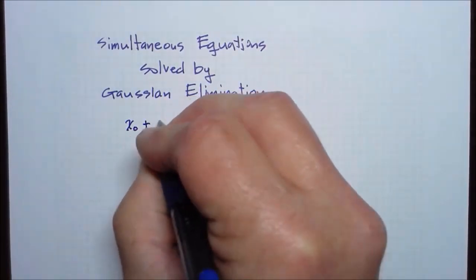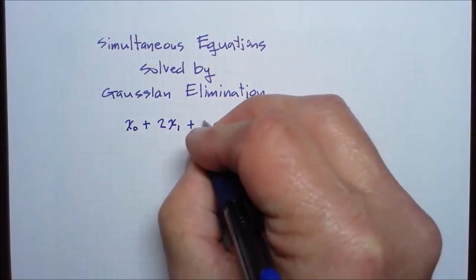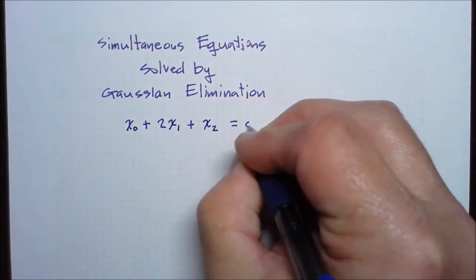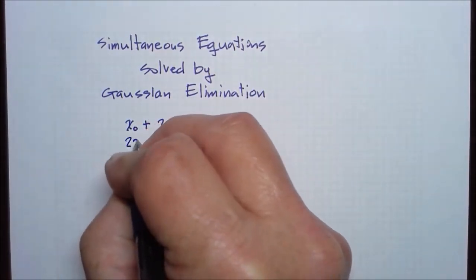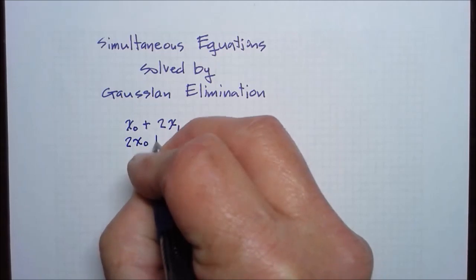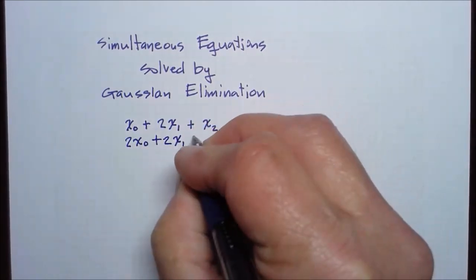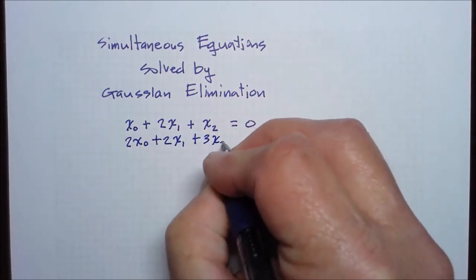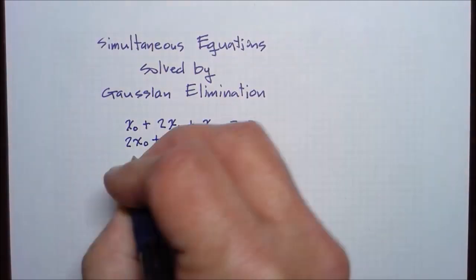x0 plus 2x1 plus x2 equal to 0. That's the first equation. Then 2x0 plus 2x1 plus 3x2 equal to 3 is the second equation.